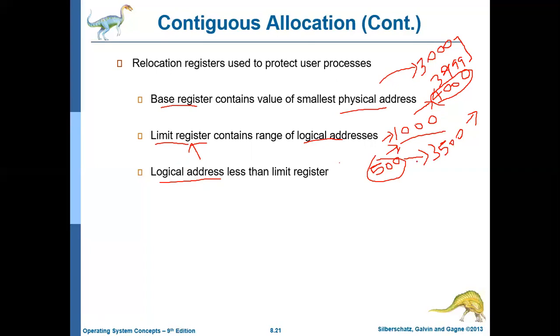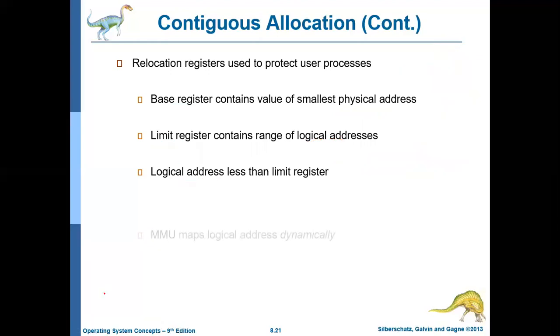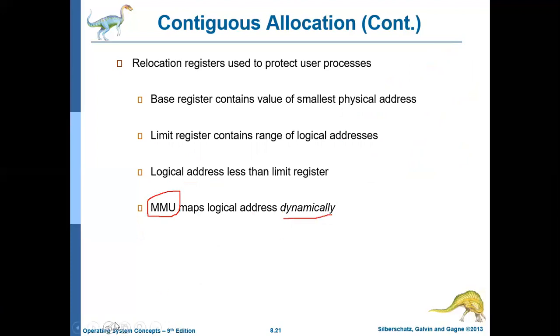If it is less, then only it will be allowed to access. But before accessing, the logical address will be converted to a physical address by adding it to the content of the base register. This conversion of the logical address to a physical address is done by a unit called the MMU, memory management unit, and that is done dynamically during runtime.